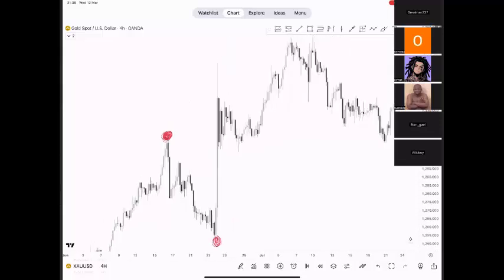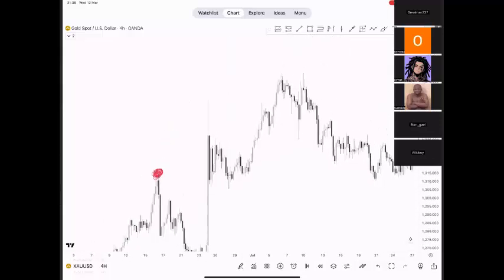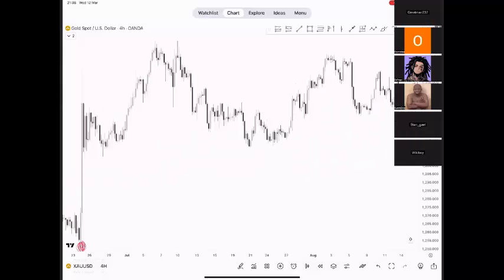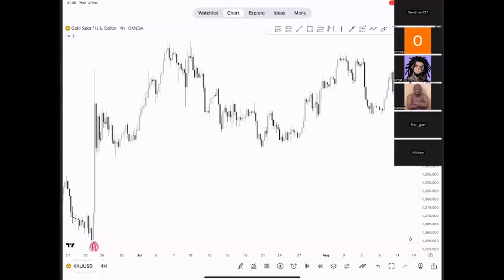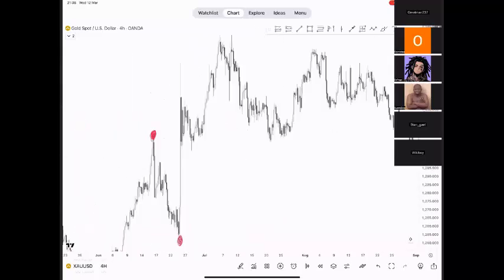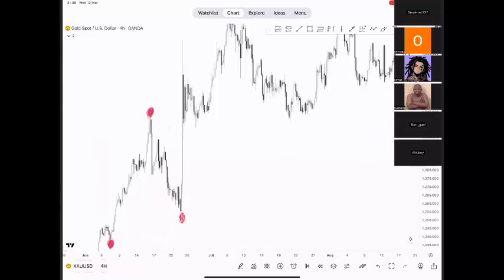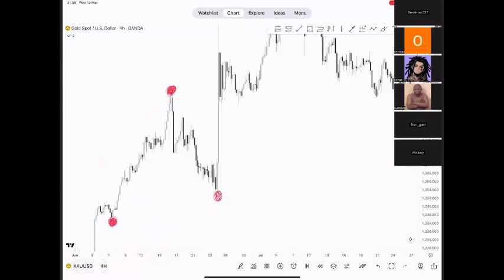I want you to always, in every case scenario, know that your valid higher low is the lowest point that price got to before putting in a new high. The lowest point before the new high is your valid higher low.